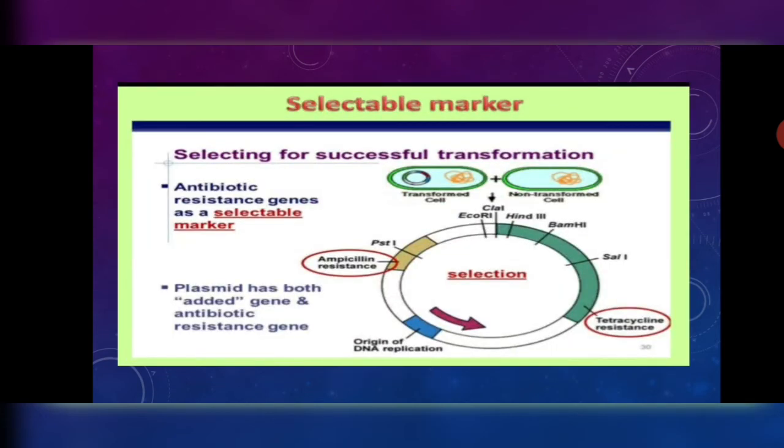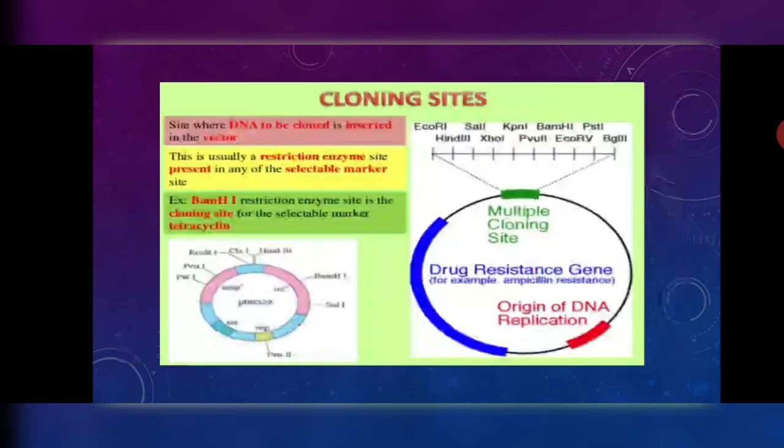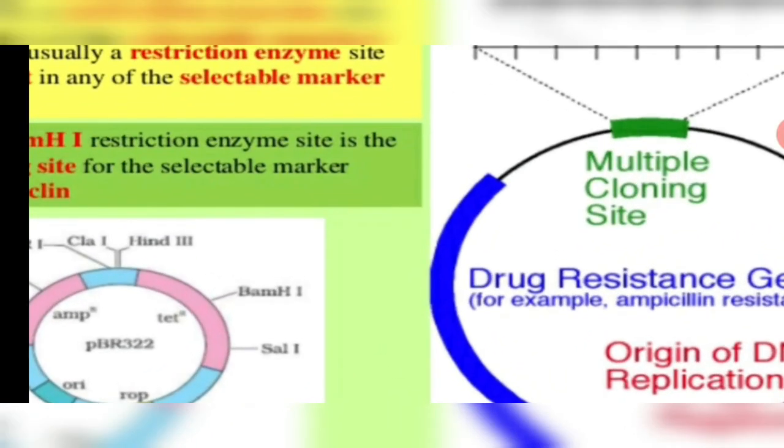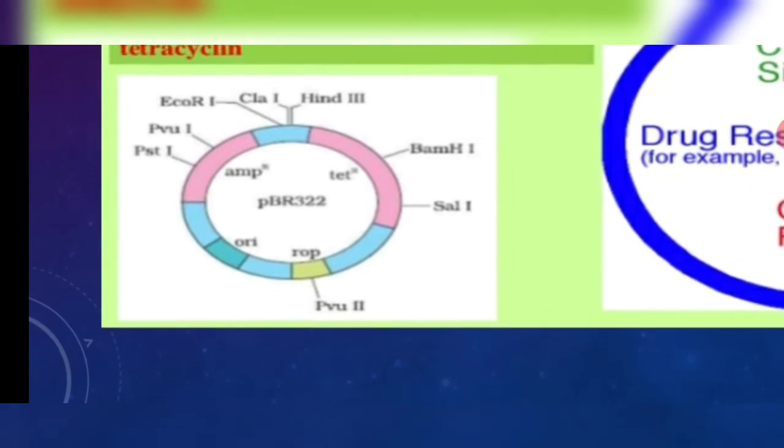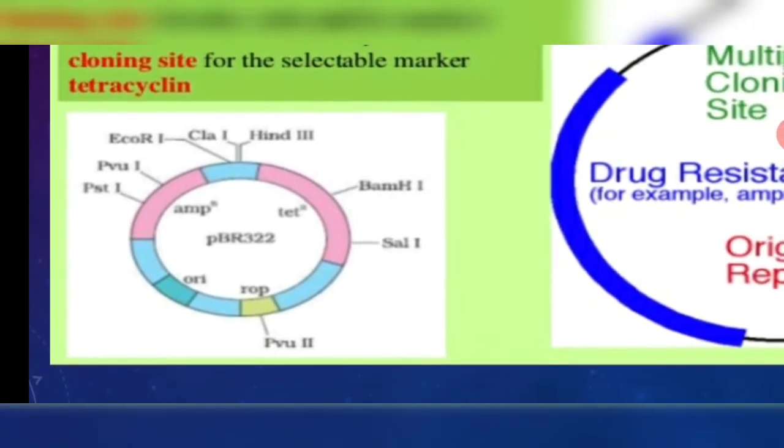Next, selectable markers. I told you they are helpful in segregating the transformants and non-transformants. Then cloning sites, as you can see, various. This is the diagram of pBR322, which is an important plasmid. It has sites PstI, PvuI, EcoRI, ClaI, HindIII, BamHI, SalI, PvuII. It has origin of replication and the proteins responsible for replication, ampicillin resistance and tetracycline.